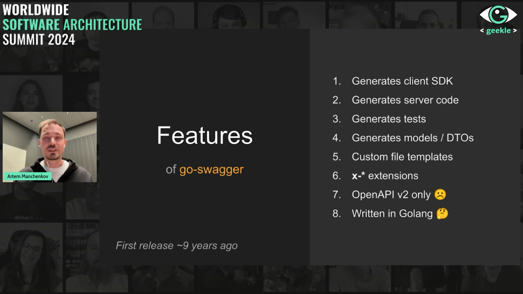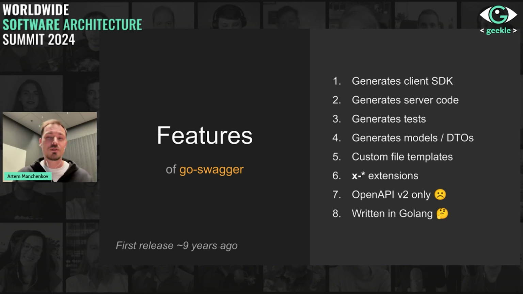You can start with a spec and generate an SDK for your clients. Or you can generate the whole application with server stubs, including endpoints, infrastructure, authentication configuration, and even some tests for your API. So everything could be generated from just one single specification.